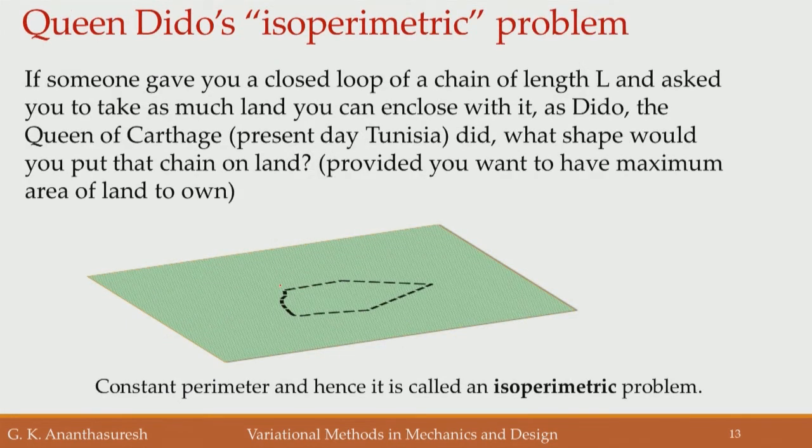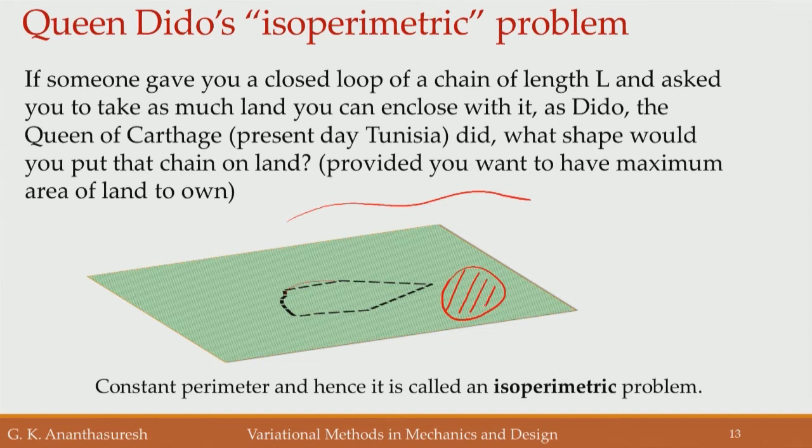Here is a problem of calculus of variations, a historic problem, where a constraint is also involved. The constraint is the length of the curve: if you are given a piece of string, you need to arrange it on a plane in some fashion so that the area enclosed by it is maximum.